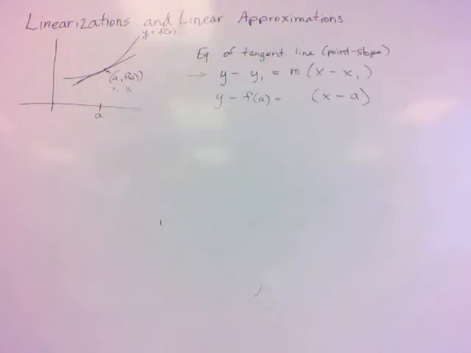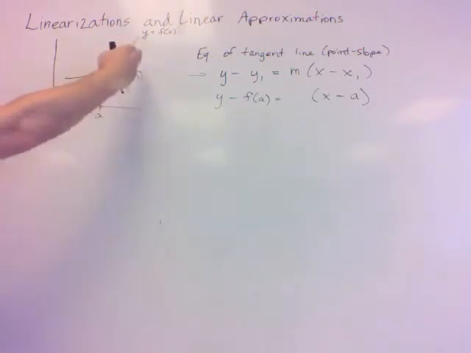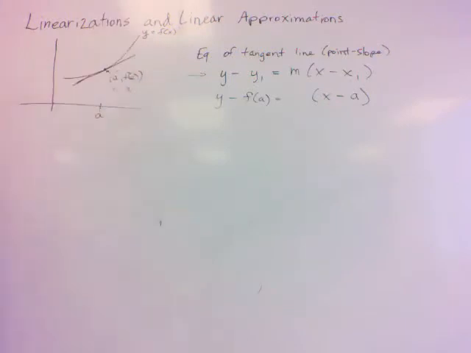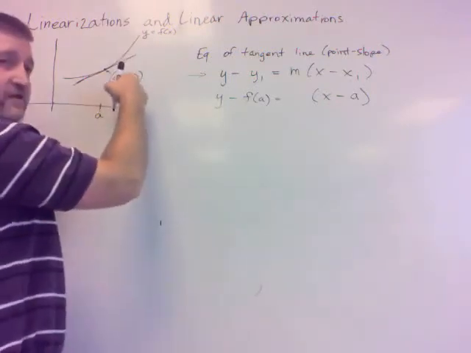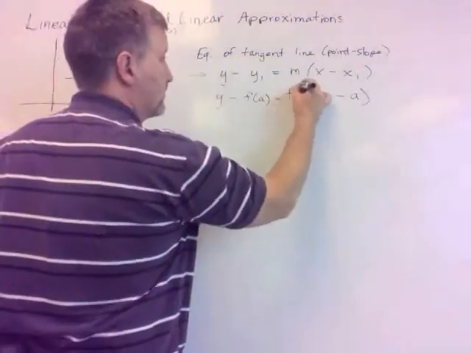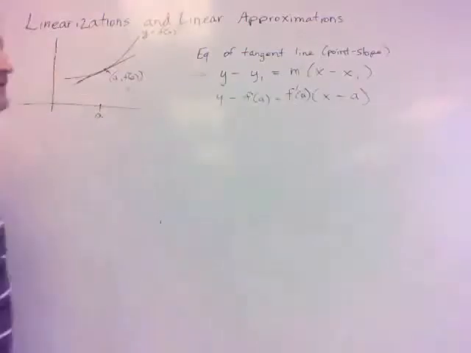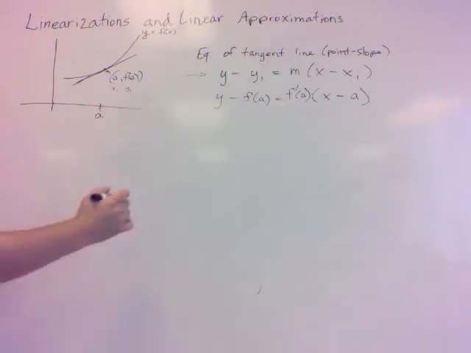M being the slope, in calculus terms, what's the slope of that line? It's the derivative. And in this case, it'd be the derivative at a, right? So f prime at a. Okay? What the linearization, linear approximation does is solve this for y.